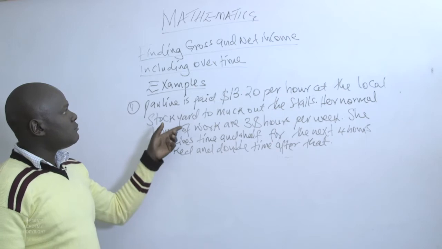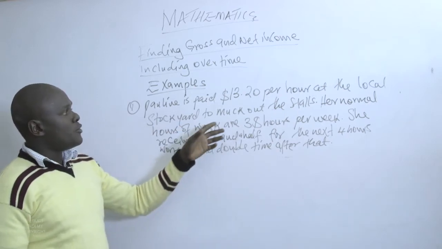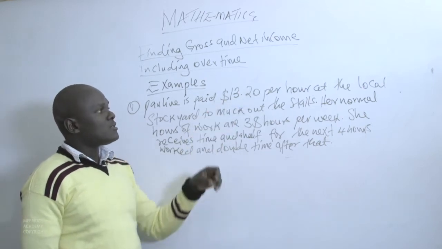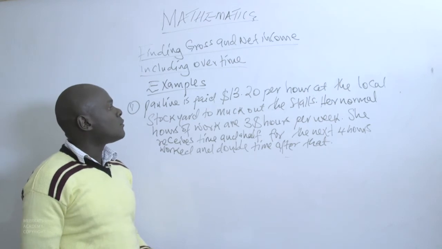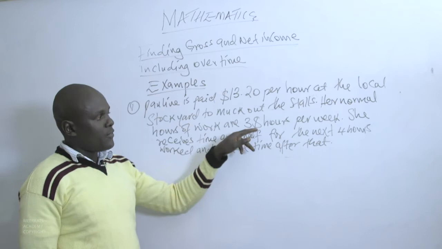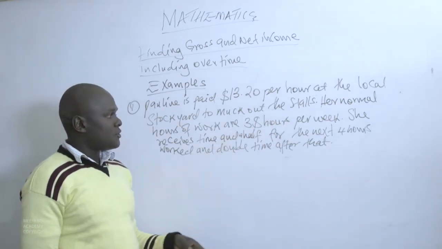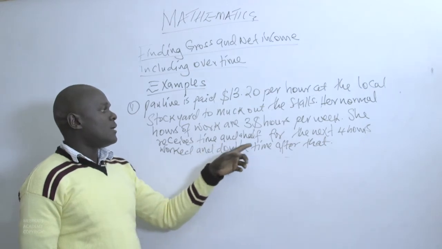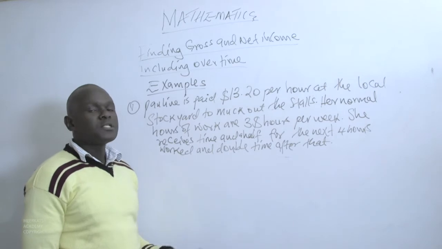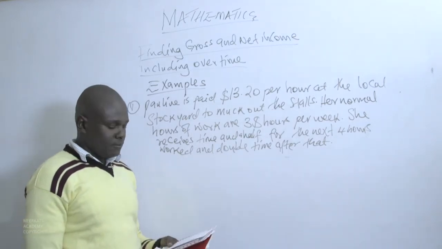So we are having Pauline being paid the normal rate of $13.20 per hour, and her normal working hours are 38 per week, and she receives time and a half for the next 4 hours and double time thereafter.